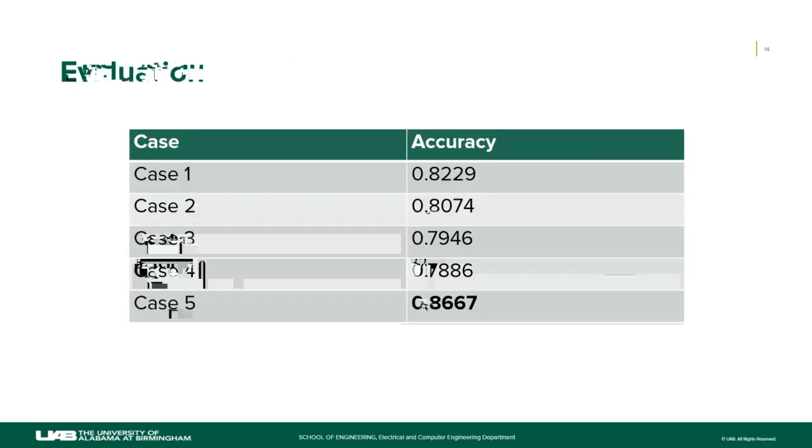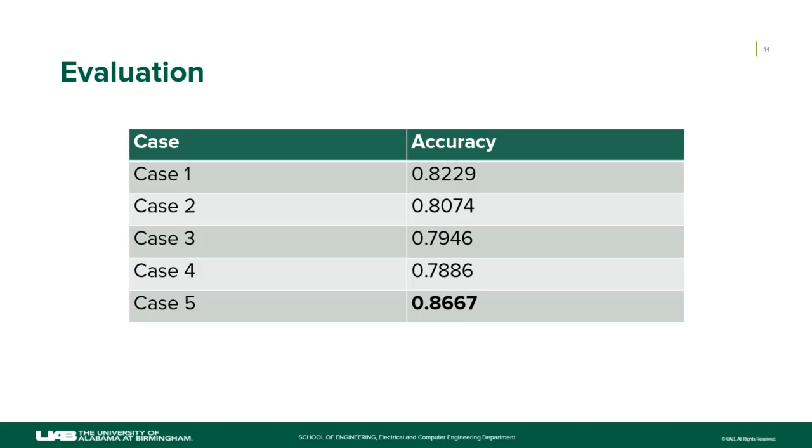The results for our different experiments are shown on this table. Case 1 achieved about 82%, and the following 3 cases, as you can see, decrease in accuracy as we added more pre-processing techniques.